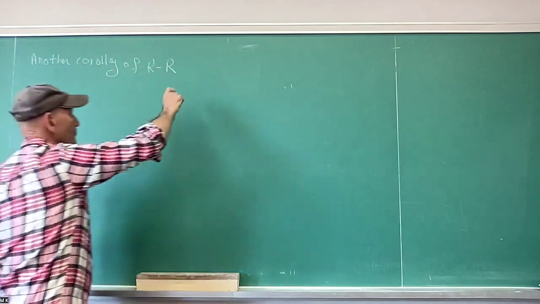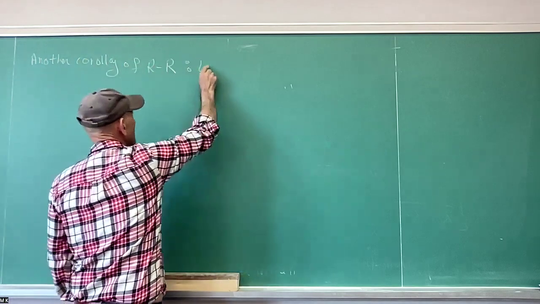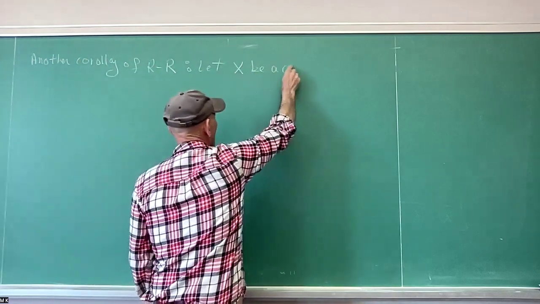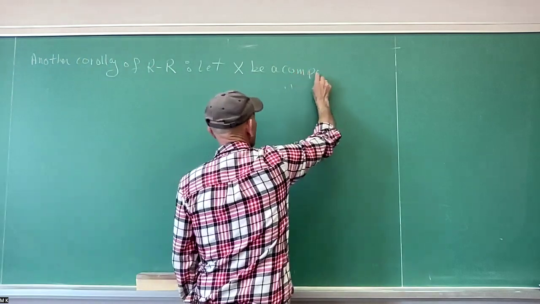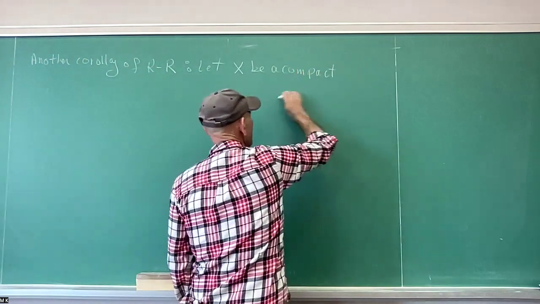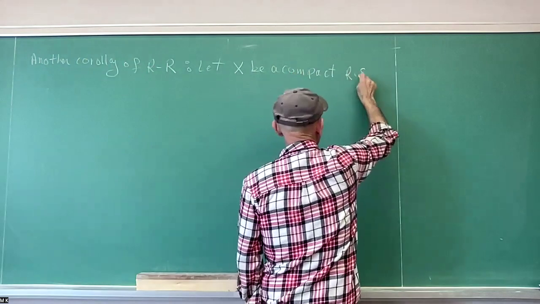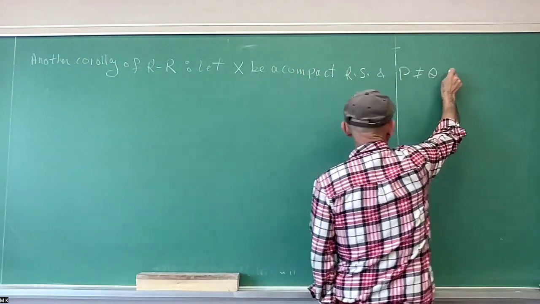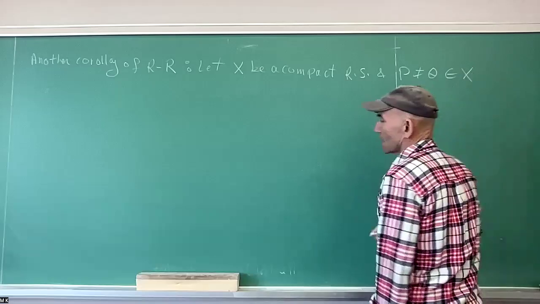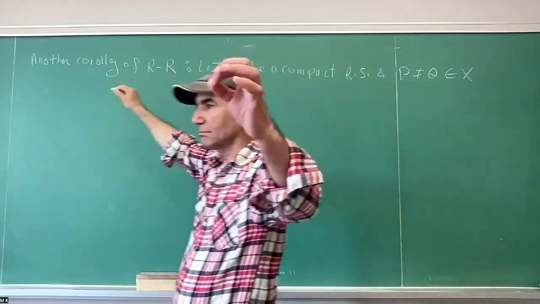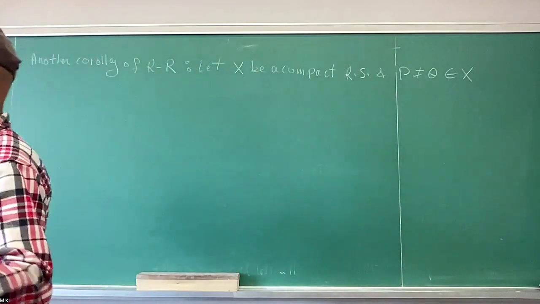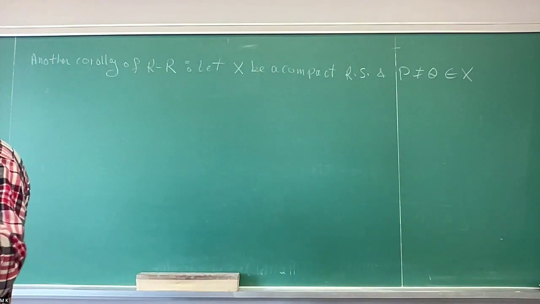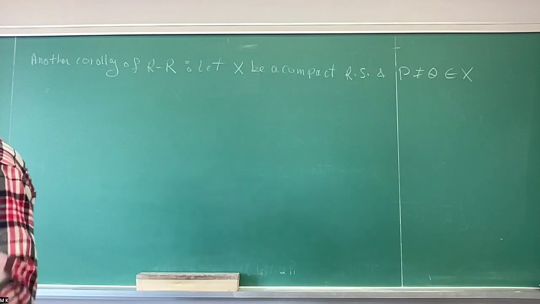It's the following. Let X be a compact Riemann surface and P different from Q two points on X. So you have this compact Riemann surface of any genus you want, that's okay, and pick two points on this.